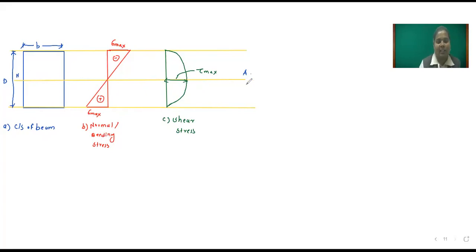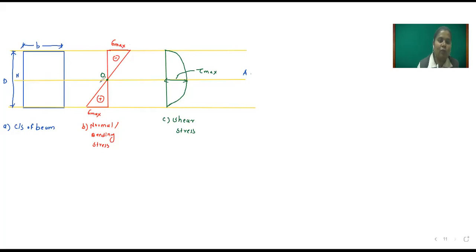You observe this. This is the neutral axis. At the neutral axis, normal or bending stress is 0, whereas the normal or bending stress is maximum at the outermost fiber.